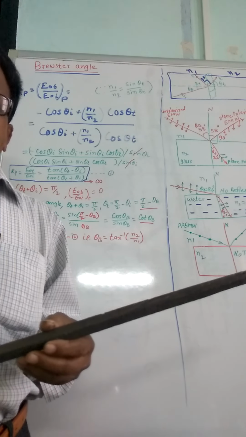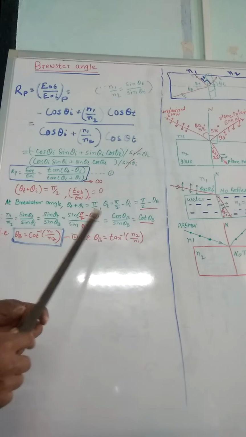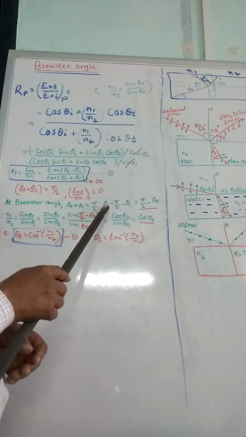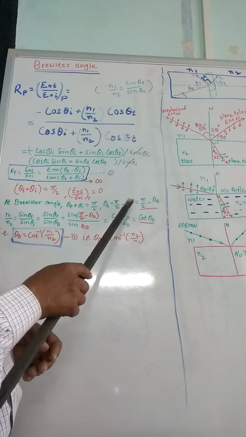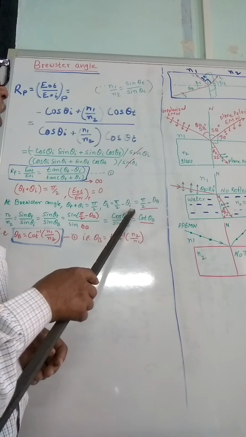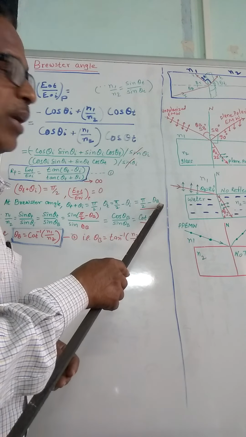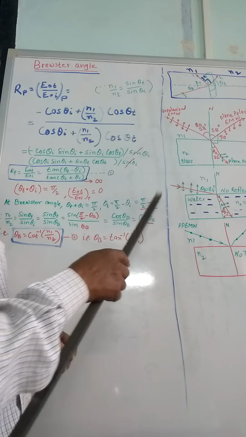So at the Brewster angle, we can write theta T plus theta I equal to pi by 2. From this, theta T will be equal to pi by 2 minus theta I, and since theta I equals theta b, the Brewster angle, theta T equals pi by 2 minus theta b.